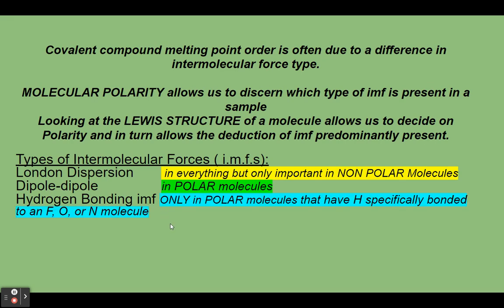But hydrogen bonding is a very specific type of intermolecular force, present only amongst polar molecules that contain hydrogen bonded specifically to a fluorine, oxygen, or nitrogen atom, which are highly electronegative.